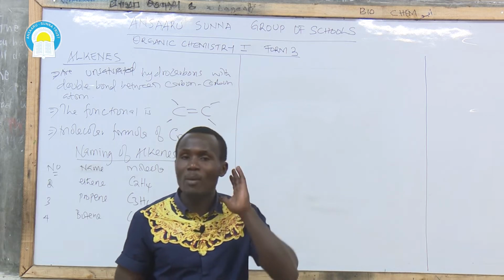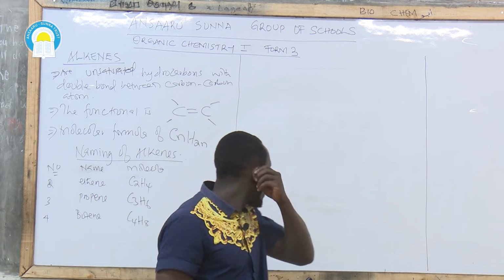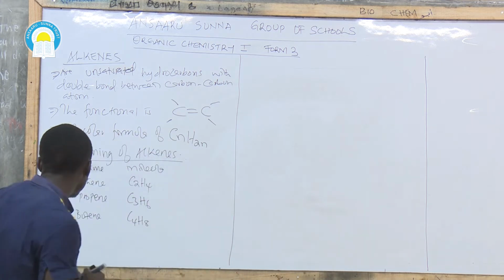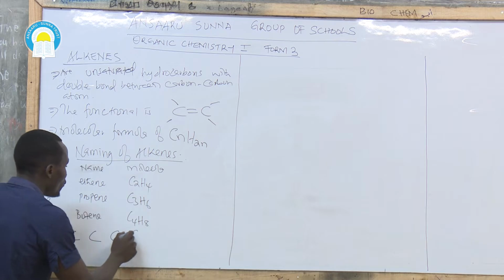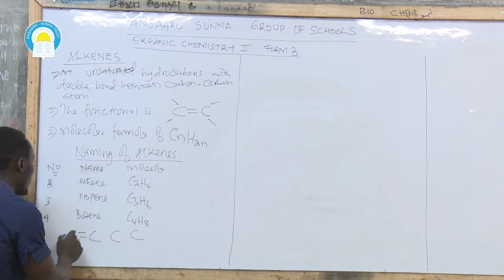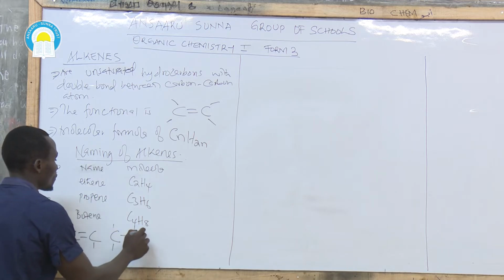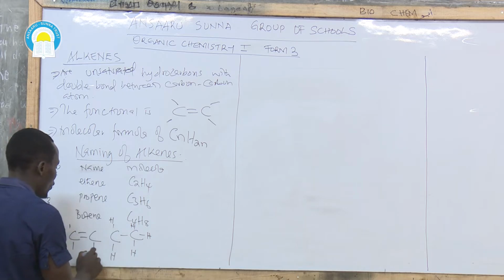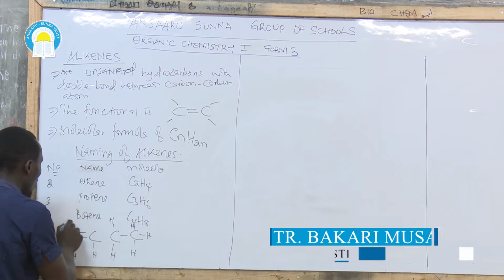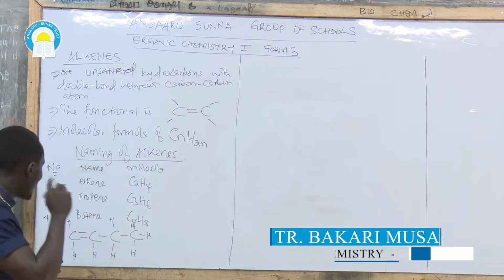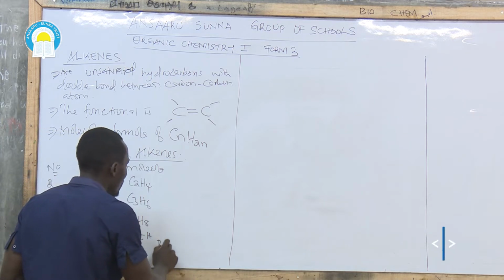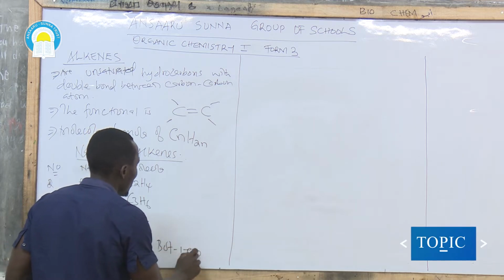For example, if we talk of butene, 1, 2, 3, 4, and we place the double bond there, with hydrogens on the other bonds, this is named as but-1-ene.